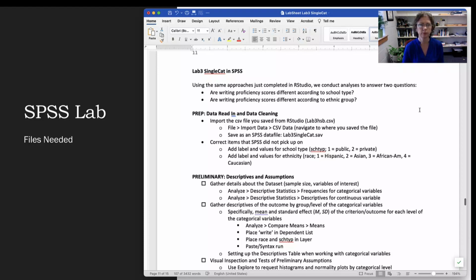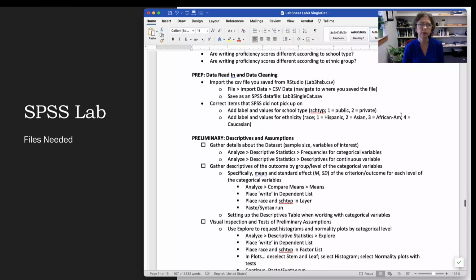So now for our prep, we're going to read in that CSV file you saved from RStudio, the one we called Lab3 HSB CSV. So start SPSS and go to File, Import Data, CSV Data, and navigate to where you saved the Lab3 HSB CSV file.